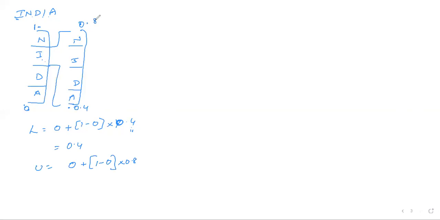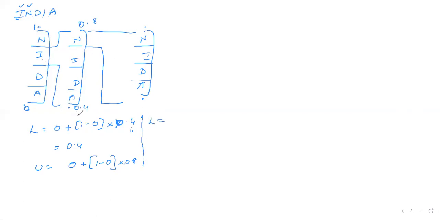Next symbol you have to transmit is N. Now again you have to calculate lower interval and upper interval. So previous lower interval is now 0.4, plus difference of the interval, 0.8 minus 0.4, into the lower interval of N, which we are transmitting now.